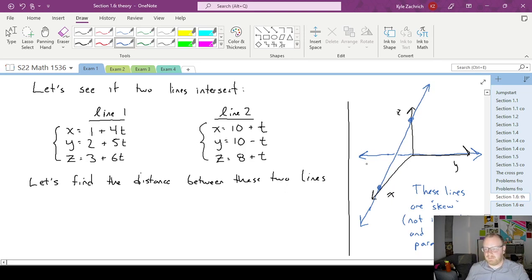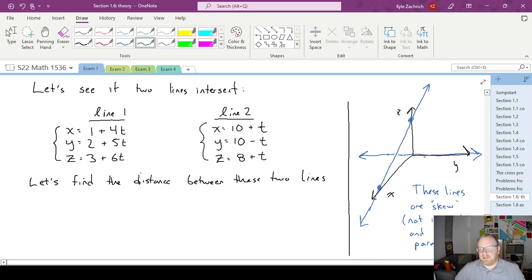So determining if two lines intersect in 3D, it turns out that the easiest way to do that is to just figure out the distance between them. And if the distance between those two lines ends up being 0, that means they intersect. But we can also use the same process to figure out the distance between two lines.